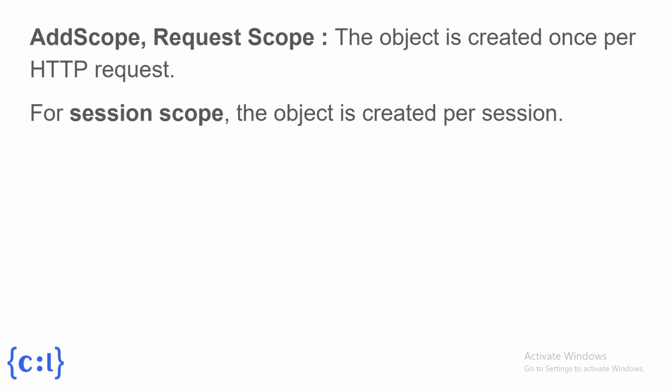For AddScoped or request scope, the object is created once per HTTP request. So when users make a request, the object or dependency is created per request and it is reused within that request. So if the object is needed 10 times within a particular request, on the first need it is created, then the remaining 9 times it is reused. For session scope, which is peculiar to Java, the object is created per session.